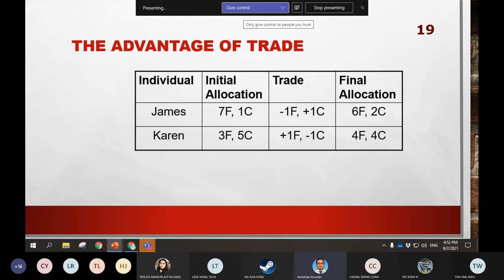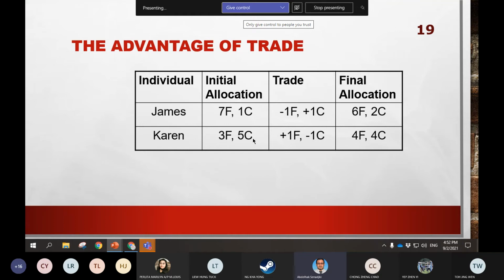there is room for mutually advantageous trade or beneficial trade because James values clothing more highly than Karen does. James values clothing. He's willing to give only half of clothes to get 1 food.